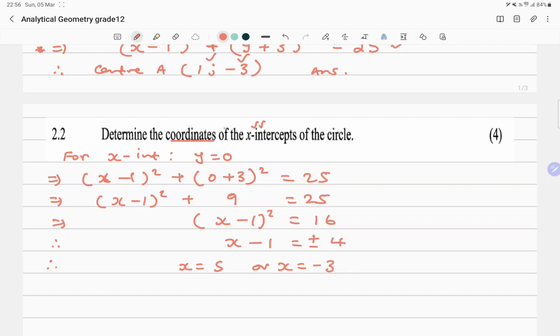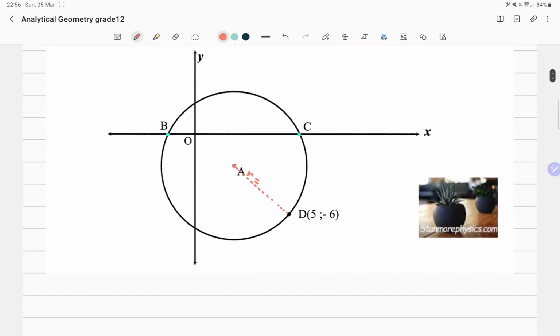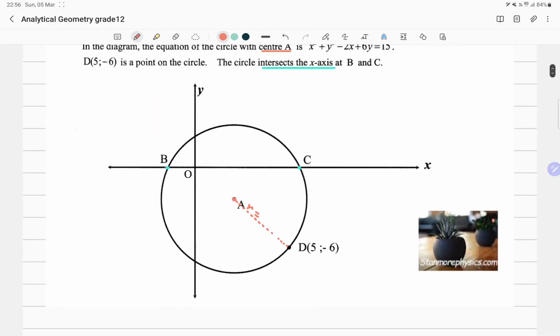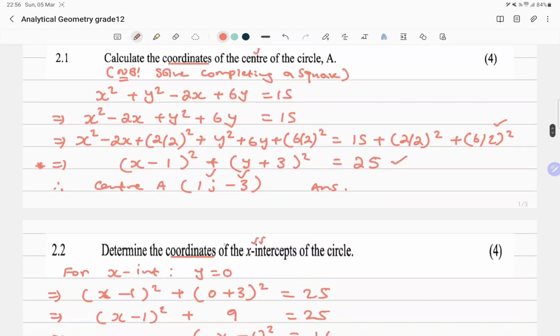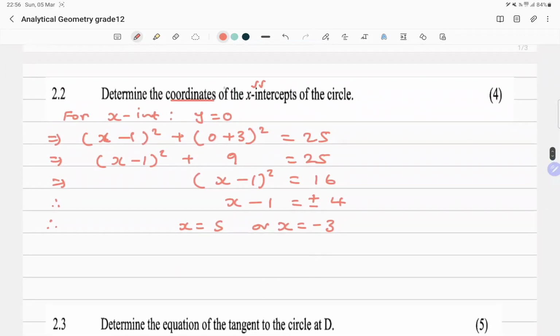Okay, great. Now let's look at our diagram again. We can see that B is on the negative x-axis, C is on the positive y-axis. So we just look at these numbers and arrange accordingly. So we can say therefore the x-intercepts are such that B is minus 3, 0.